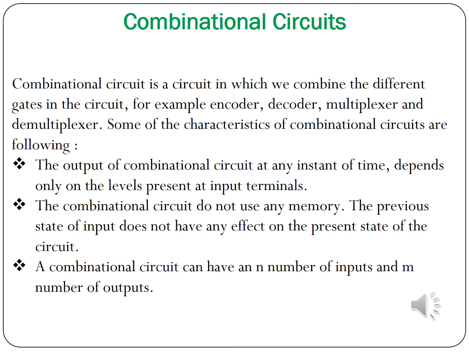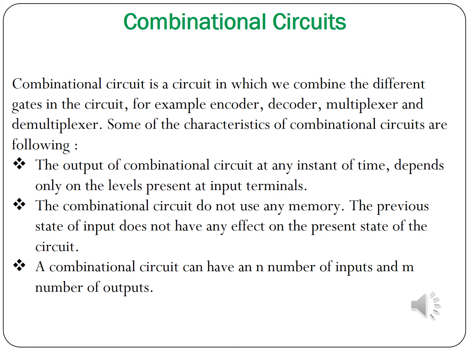Combinational circuits comprise logic gates whose outputs at any time are determined directly from the present combination of inputs, without any regard to previous inputs. The major components of combinational logic circuits are input variables, logic gates and output variables. A combinational circuit is one in which we can combine different logic gates.